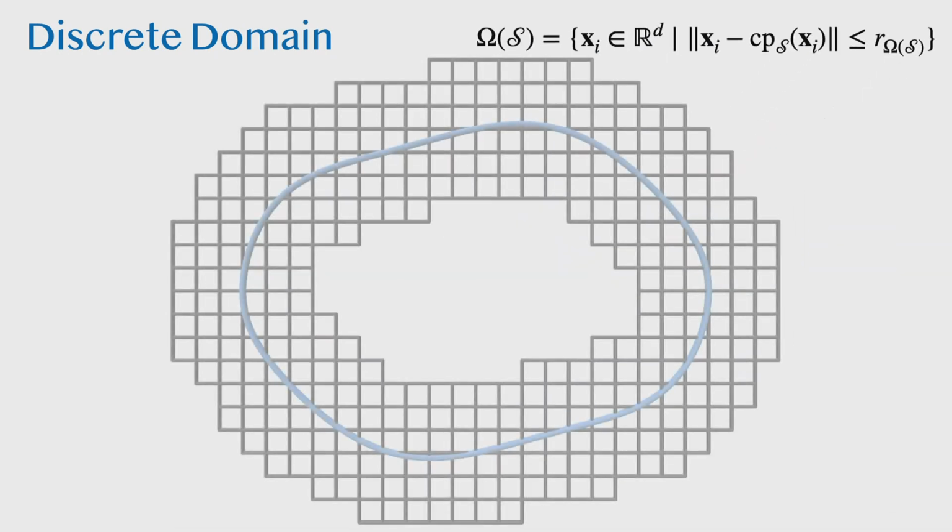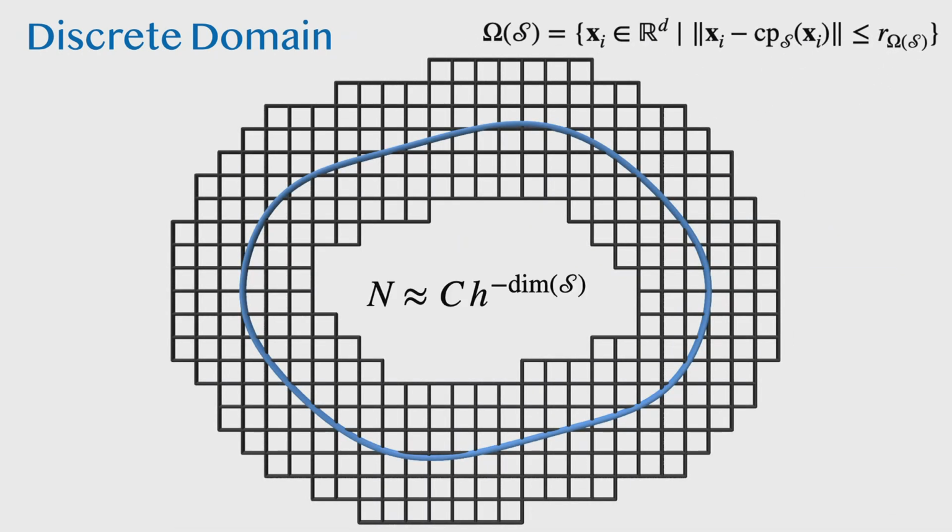However, the number of grid points actually scales with the dimension of S. So n are the number of grid points here, and dim S is, well, 1 in this case. If it's a surface in 3D, dim S is 2.